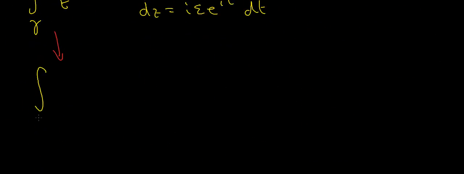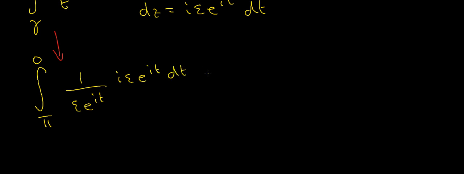So this is going to be the integral over the interval from pi to 0 of 1 over z, and z was epsilon e to the it, so this is going to be 1 over epsilon e to the it times i epsilon e to the it dt.